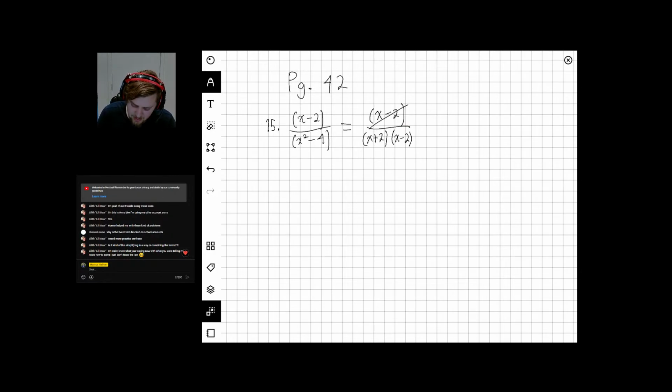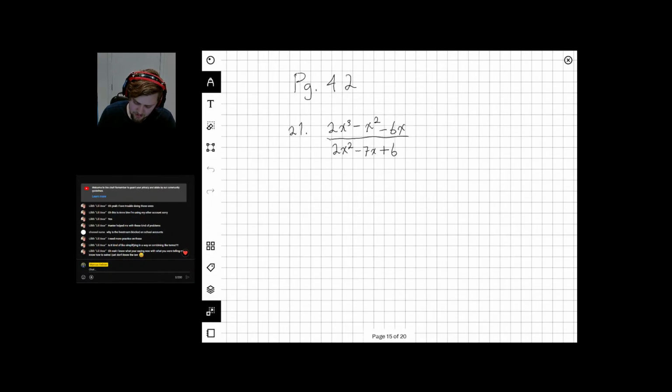And we've got x minus 2 and x minus 2 cancels. This is 1 over x plus 2. That's one of our quicker ones, as long as we see this factoring, right? a squared minus b squared equals a plus b, a minus b. Definitely need to know that one.